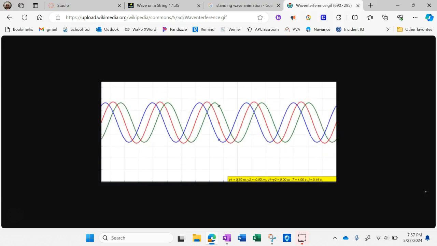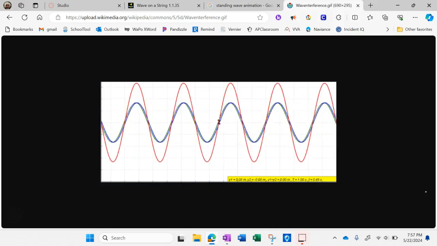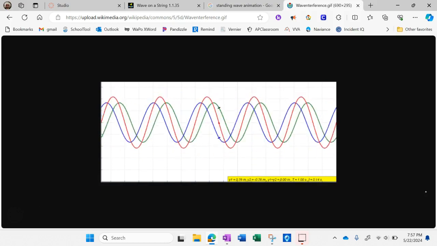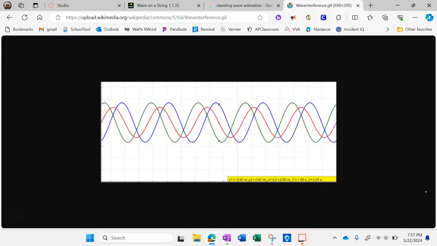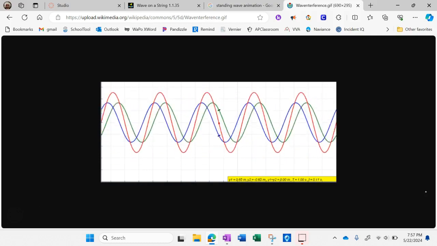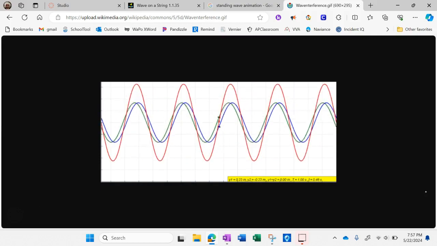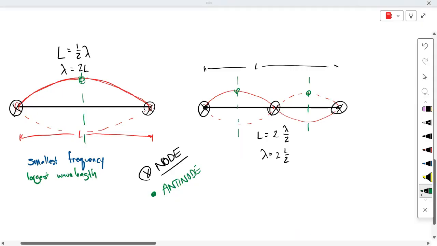Right now they're both peaks, and right now they're both troughs, and right now they're both peaks. At any instant where you look at what's happening right here with the green wave and blue wave, they're always doing the exact same thing. They're always interfering constructively. That's what happens at antinodes. So at nodes, destructive interference always happens. At antinodes, constructive interference always happens.